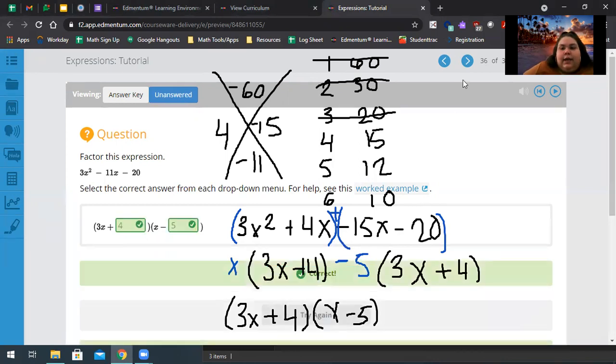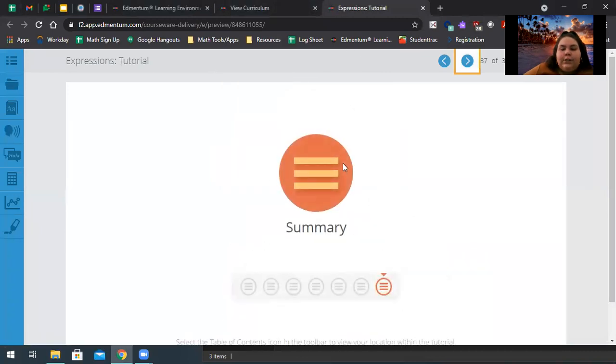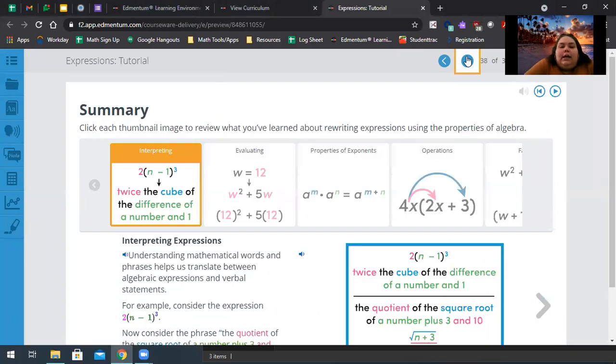So let's go ahead and move on to slide 37. Or actually, we just made it to the end. So please make sure you pay attention to the summary. You saw a little bit of everything, right? You saw verbal descriptions of an expression, evaluating expressions, meaning here's an expression and I give you the numbers to plug in for each of those variables.